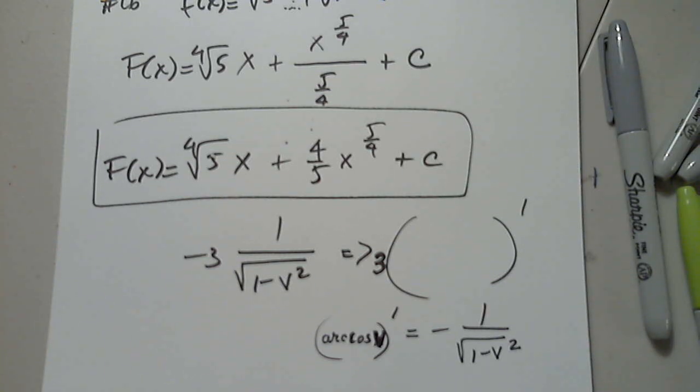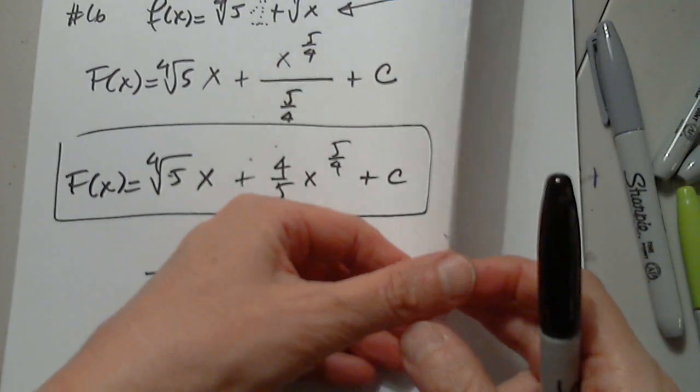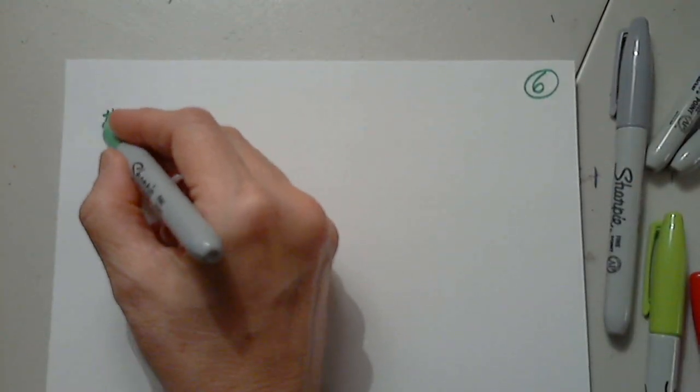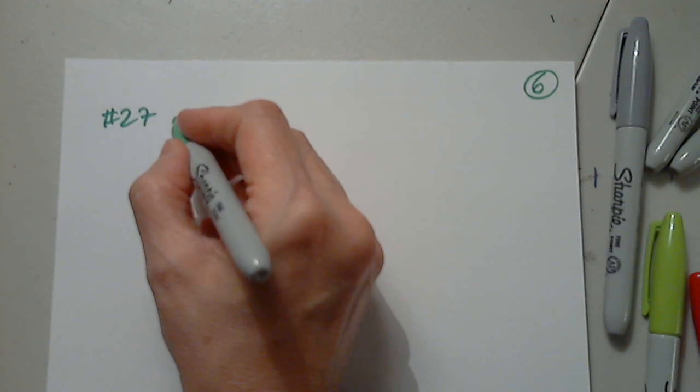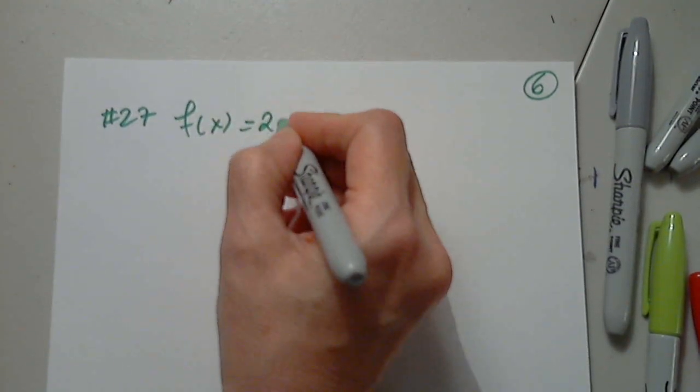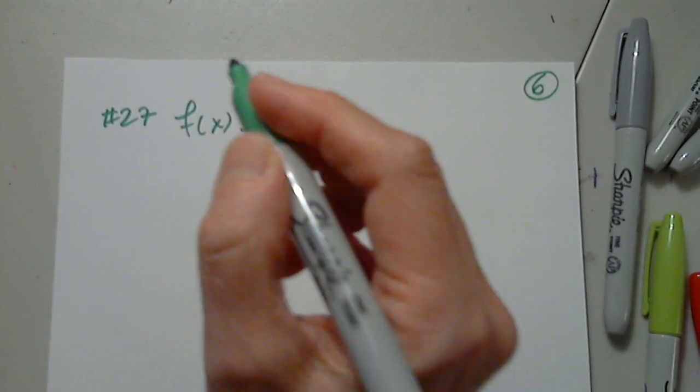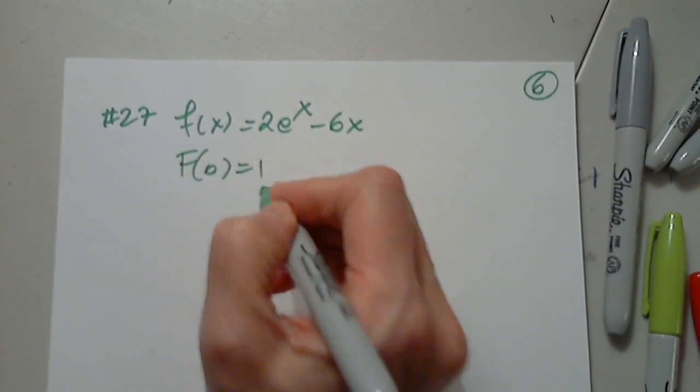They're all the same, but more work, and you'll see in a moment what I mean by more work. Okay, so I am on page 6. Let's look at page 6. Not page 6, I'm sorry, I'm talking to myself. Okay, so 27. So we have f of x equals 2e to the x minus 6x, and they are telling us that f of 0 is 1.